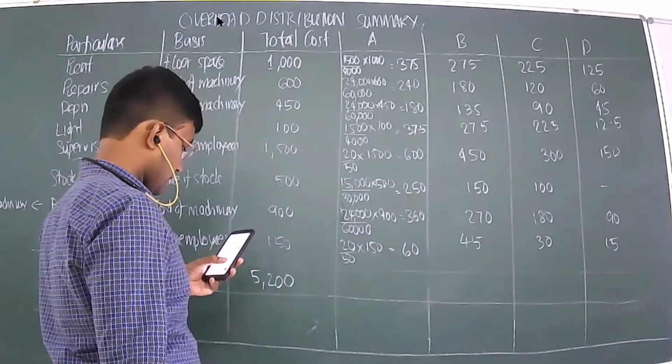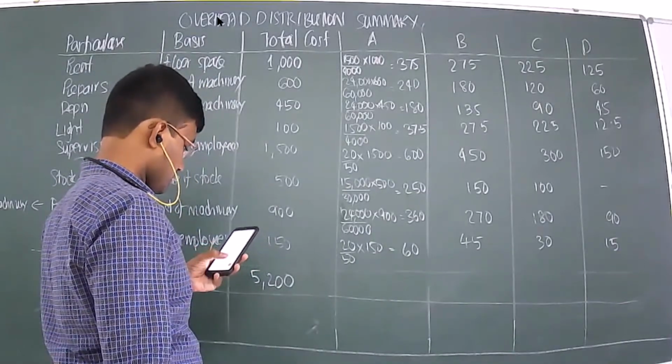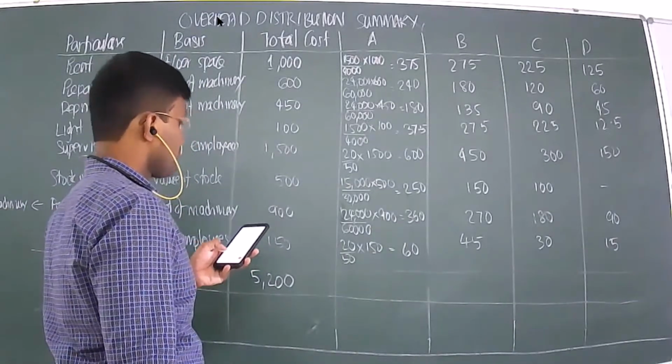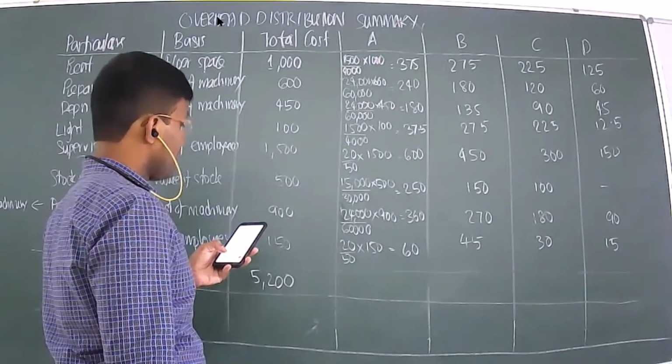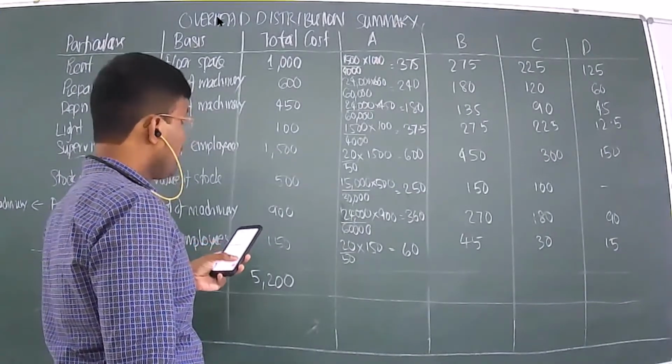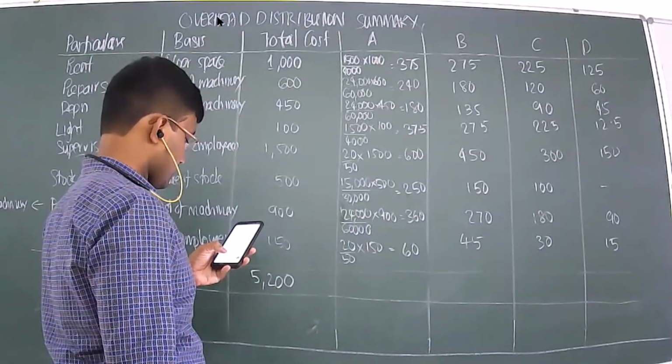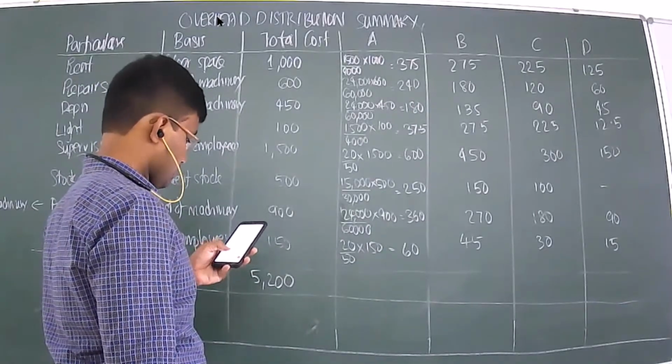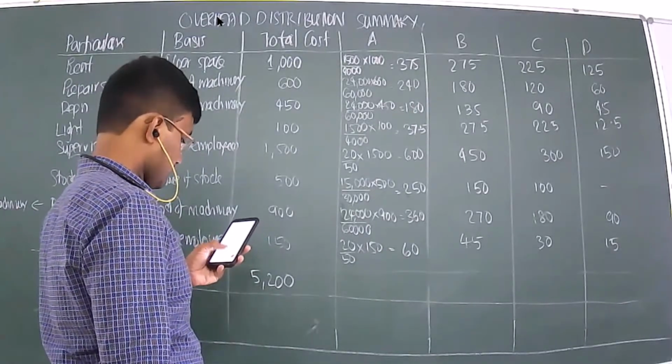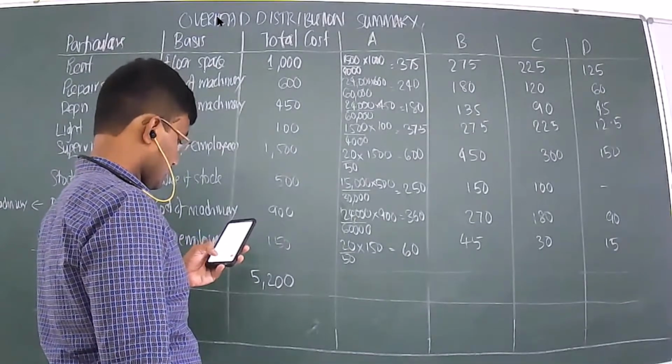Now let's calculate for the individual departments. So 375 plus 240 plus 180 plus 37.5 plus 600 plus 250 plus 360 plus 60.